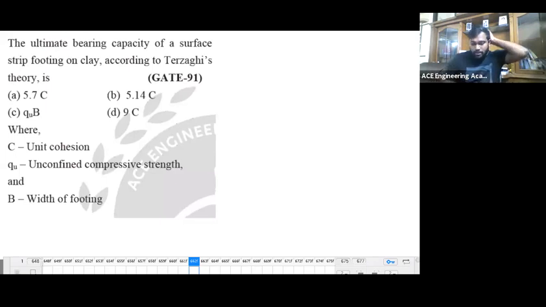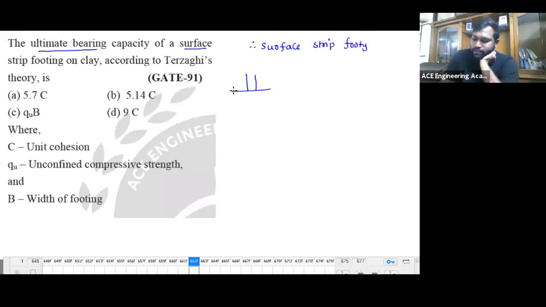Yeah. So the ultimate bearing capacity of a surface strip footing. See, I'm asking you the ultimate bearing capacity of a surface strip footing. What is the meaning of a surface strip footing? The footing is located on the ground surface. So this is the ground level.